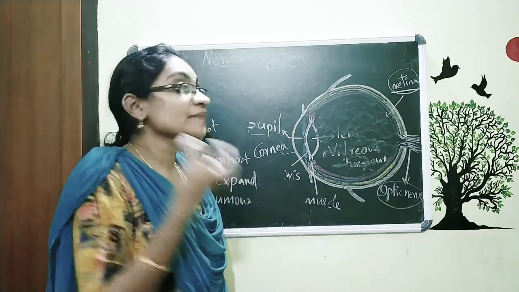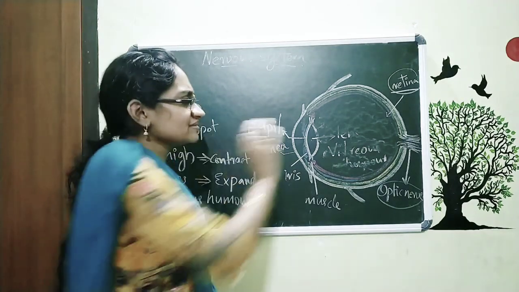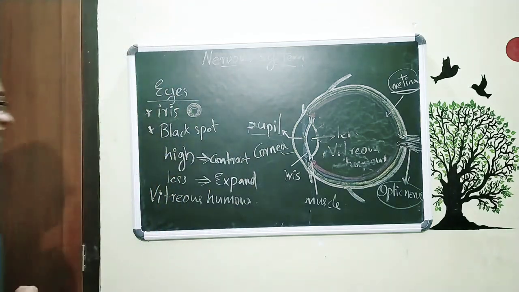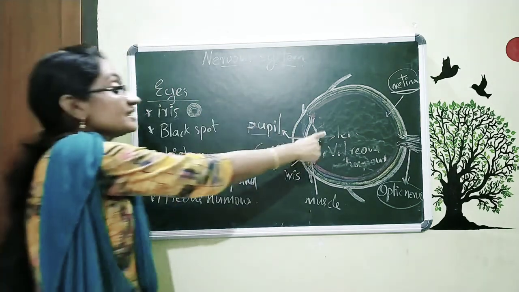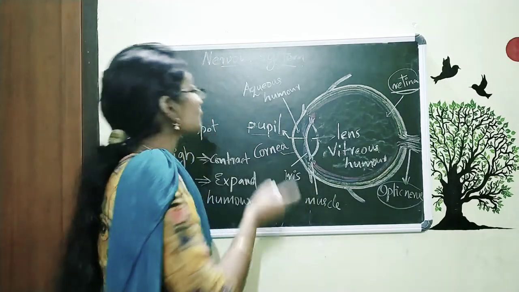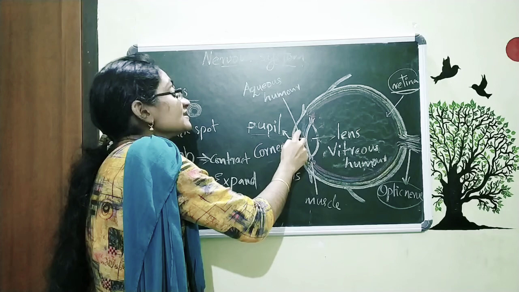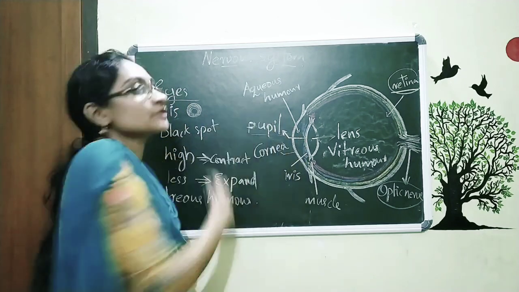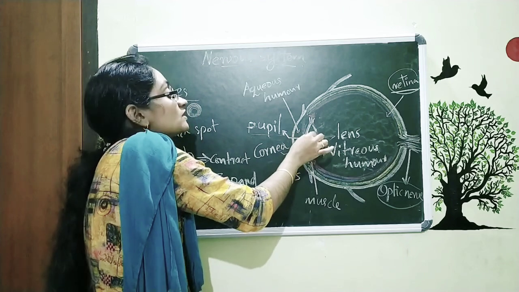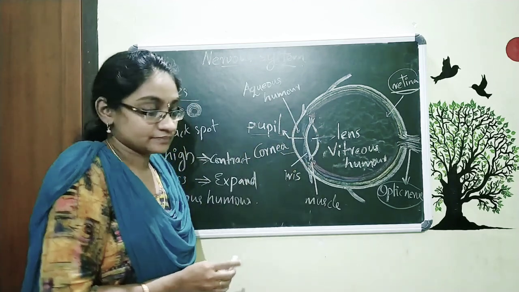Its role is to maintain the pressure in our eye. Now don't think about that. Just remember, our eye has a liquid, vitreous humor. And also you can see there is another liquid called aqueous humor. Aqueous humor is present at the front of our lens and iris.